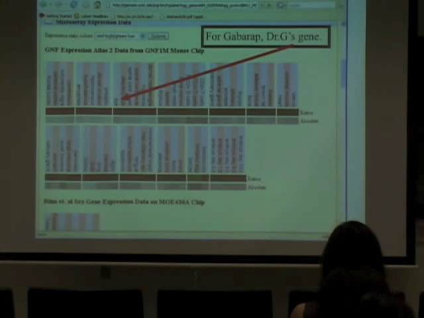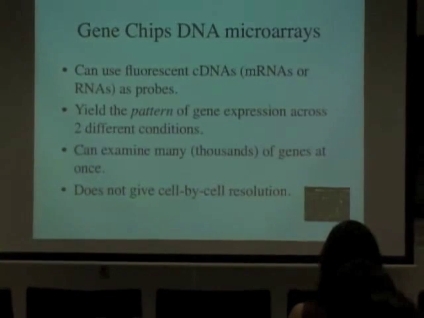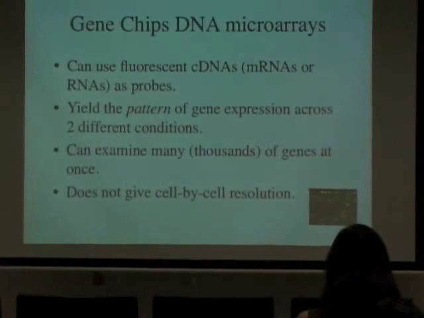Okay. We also talked about the fact that this expression data came out of something called DNA microarrays or gene chips, and we talked a little bit about those, how those are made. We used fluorescent cDNAs. What it gives us is the pattern of gene expression across different conditions.